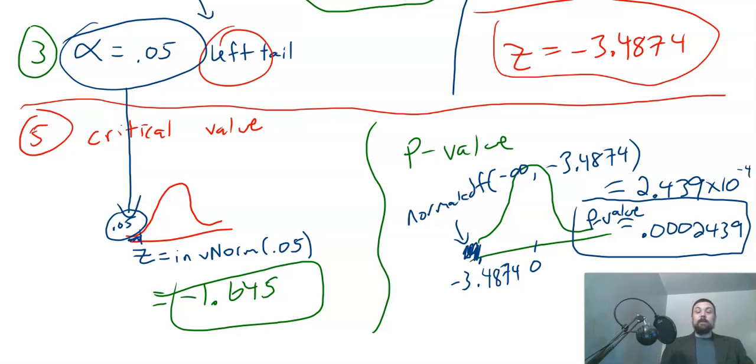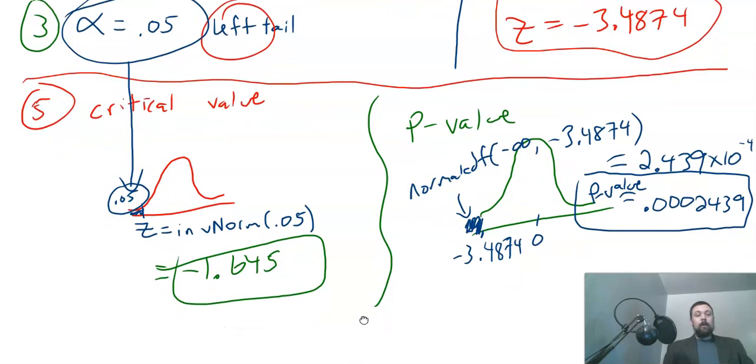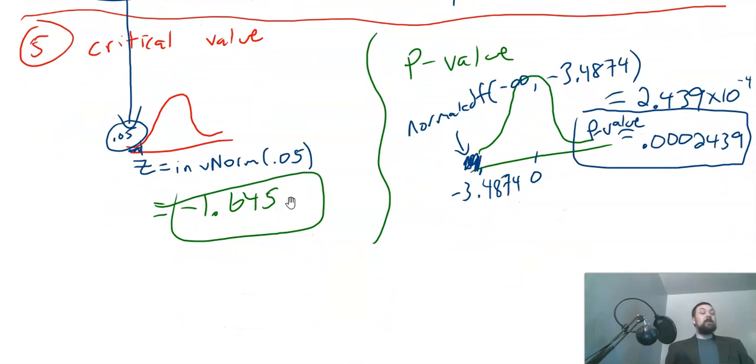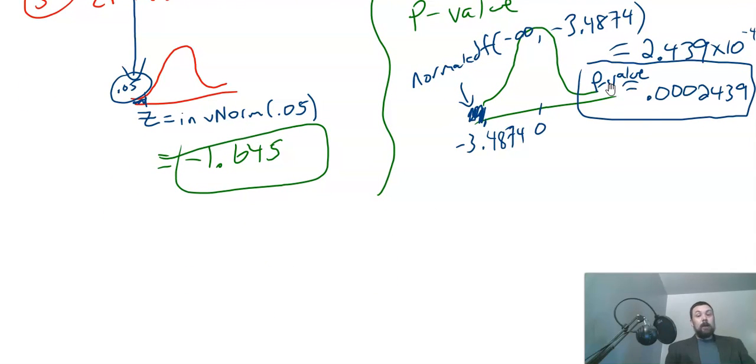I'm not sure what they would decide for you to do, but you could round it however far they want. If they ask you to round to 3 decimal places, it just rounds to 0. If they say 4 decimal places, it's 0.0002. It's a very small number. You don't need to double that because it wasn't a two-tailed test. You only double this area for the p-value if it's a two-tailed test.